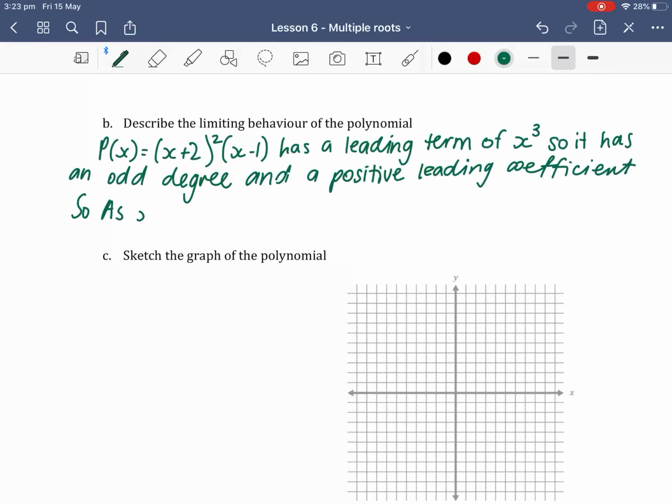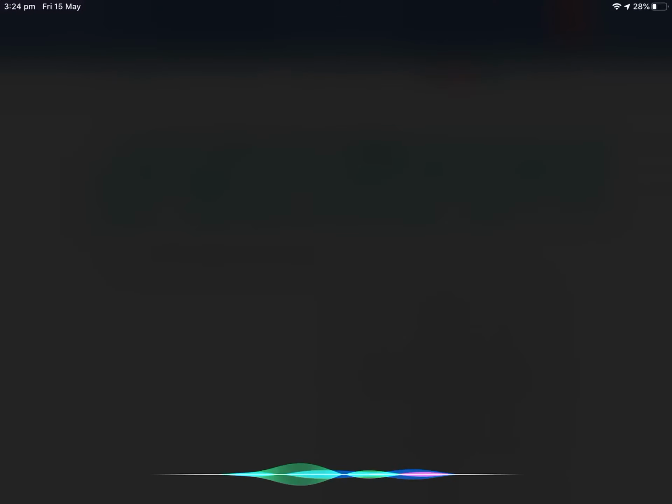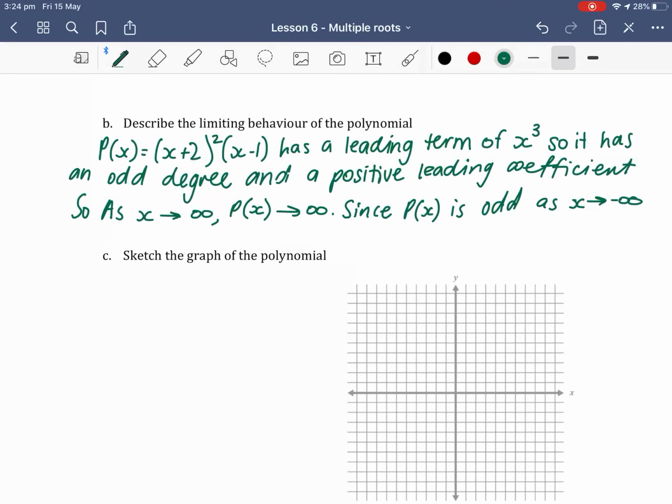So as x approaches infinity, our polynomial will also approach infinity. And since P(x) is odd, as x approaches negative infinity, P(x) approaches negative infinity.